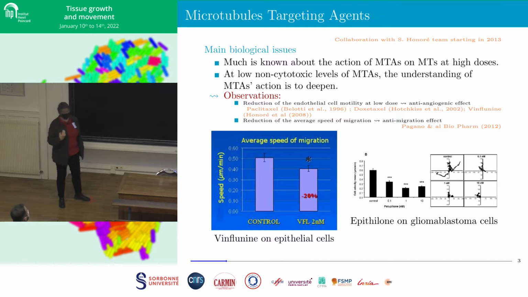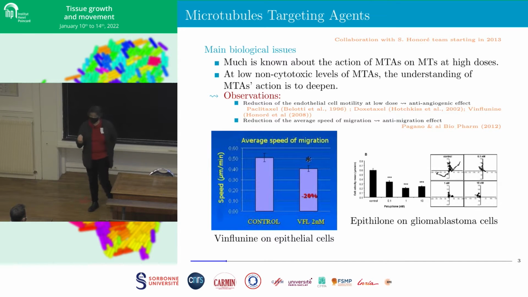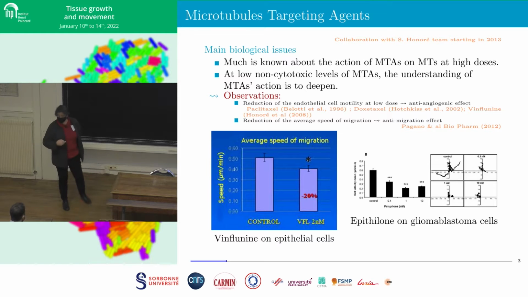So the question of Stefan was how these drugs can have such an effect at low dose, and are we able to model this effect on the migration?